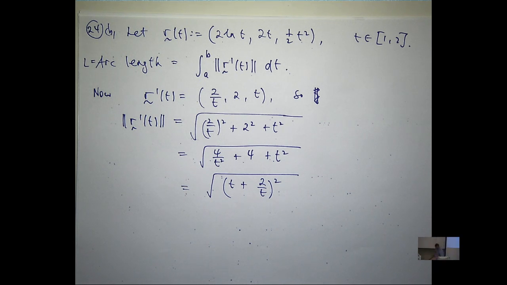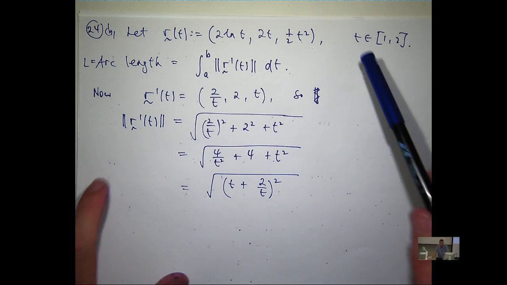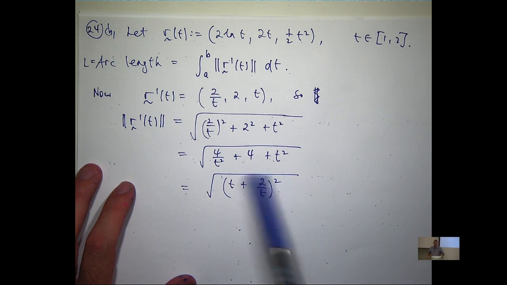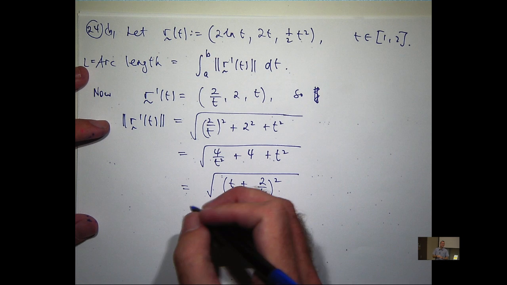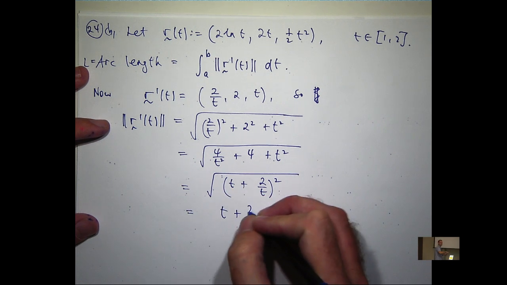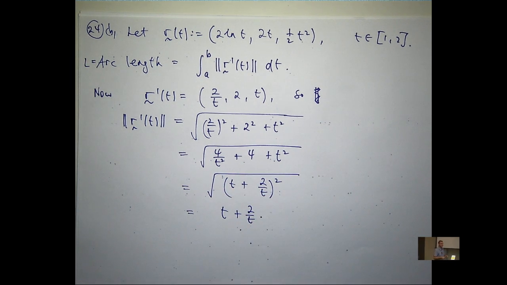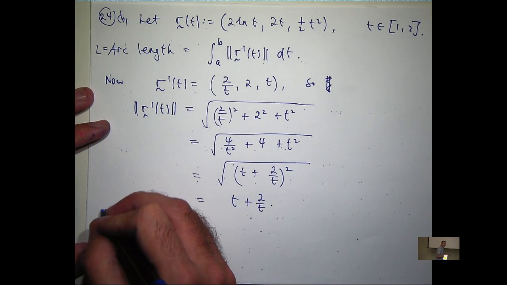What it means is I can just get rid of the square root sign, and because t is between 1 and 2, I don't have to worry about absolute values or anything like that. So that's what I'll get. Let's finish the problem.